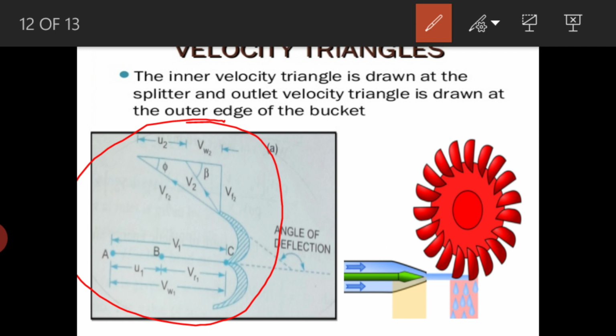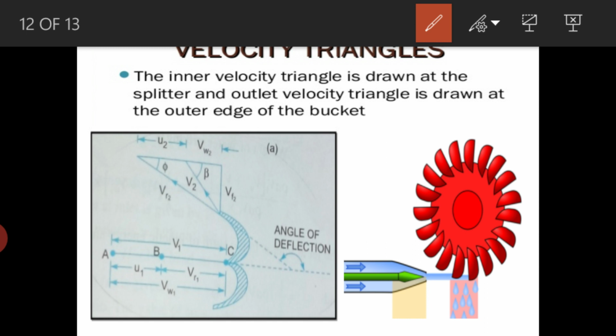I hope you understood this one. In the next class, we will derive the equation for work done for a Pelton wheel by utilizing this velocity triangle. This is very important, so try to understand how the jet is coming and hitting the blade, and how it is exiting.